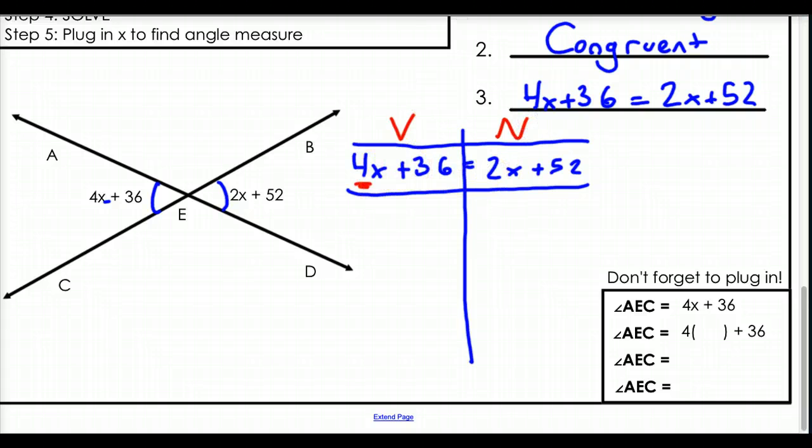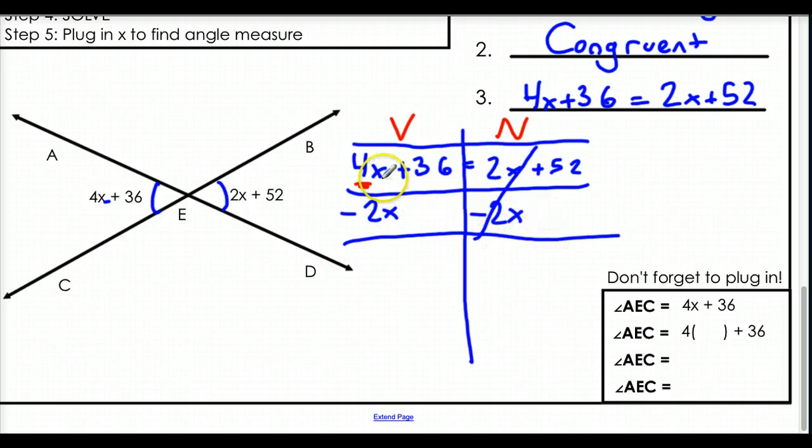So let's start with moving over the variables. Since this is the variable side, we have to move our variables over to the variable side. So we need the opposite operation, and since this is positive 2x, we're going to take away 2x from both sides. The 2x's go away. 4x minus 2x is 2x, plus 36 is equal to 52.